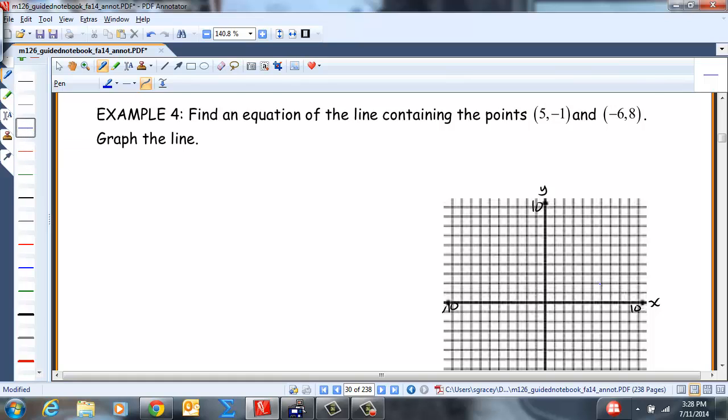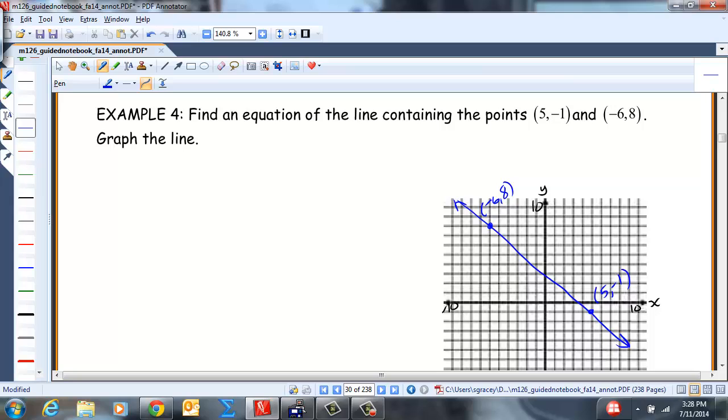So we have 1, 2, 3, 4, 5, -1. And we have 1, 2, 3, 4, 5, 6 to the left and 8 up. So this is -6, 8, and this is 5, -1. And then we just connect these points to make the line. And you've got your graph that looks like that.